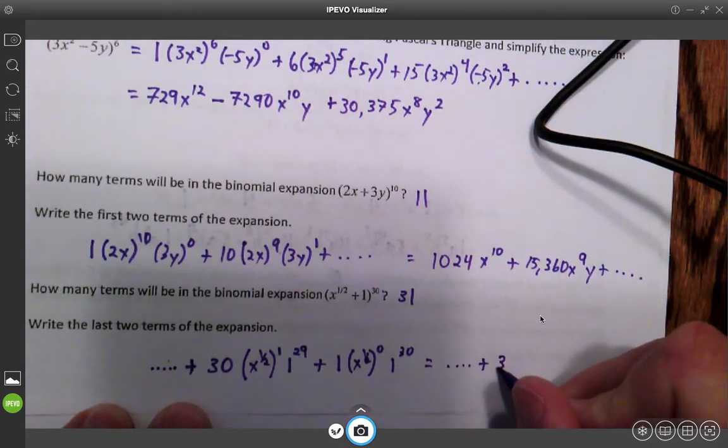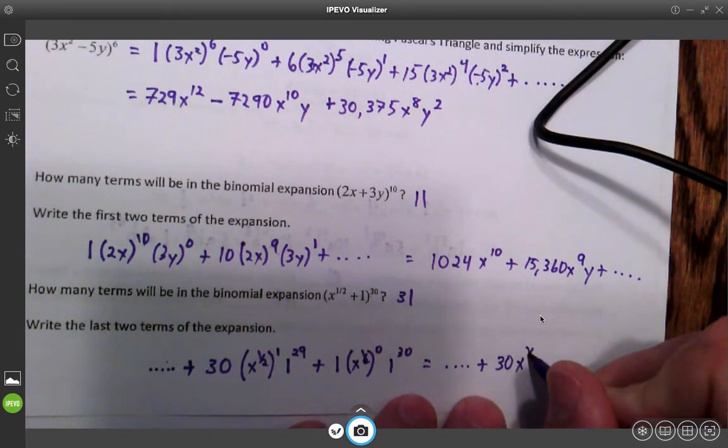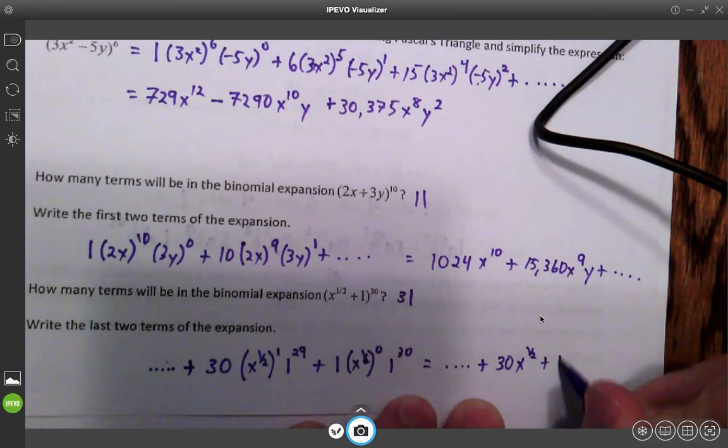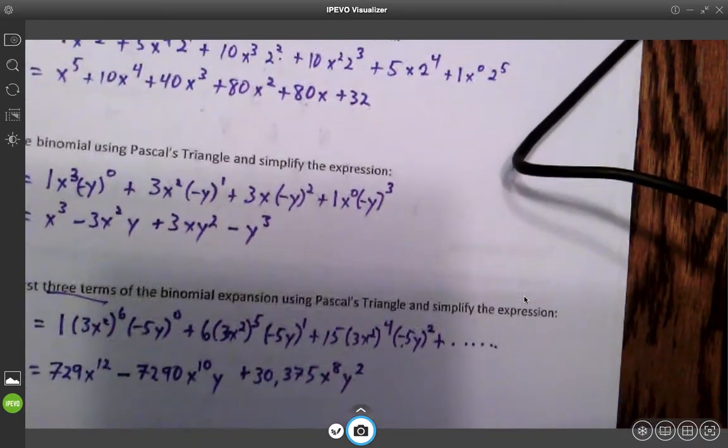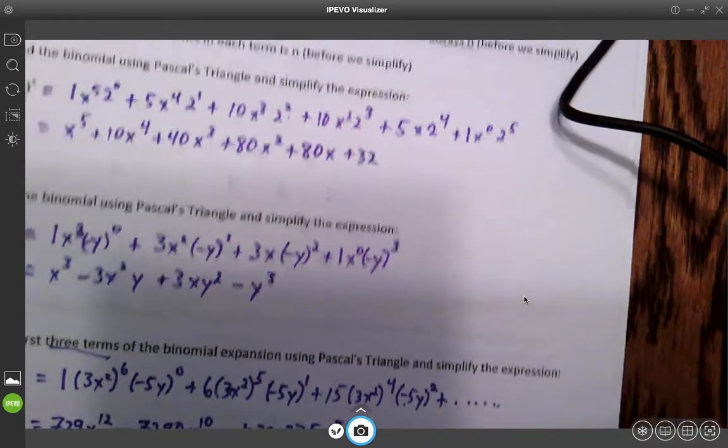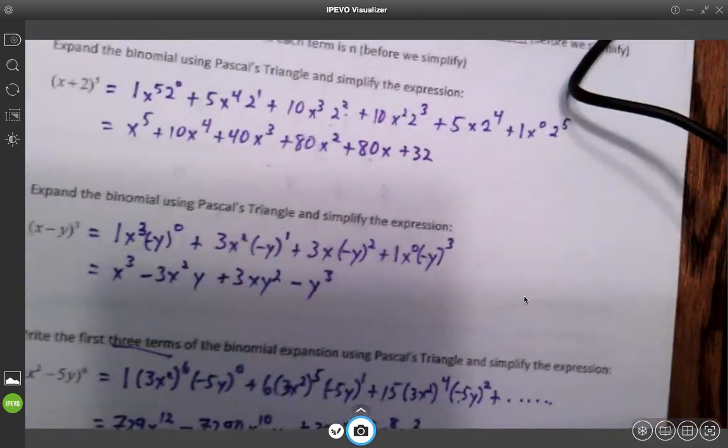So that's simply going to be 30x to the half. And then I believe that all is going to be 1. And that is the binomial expansion using Pascal's triangle to help us accomplish that.